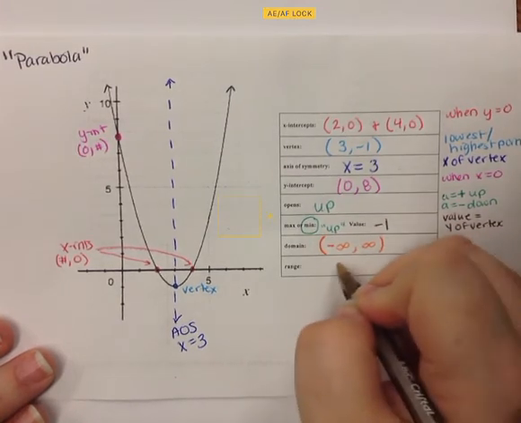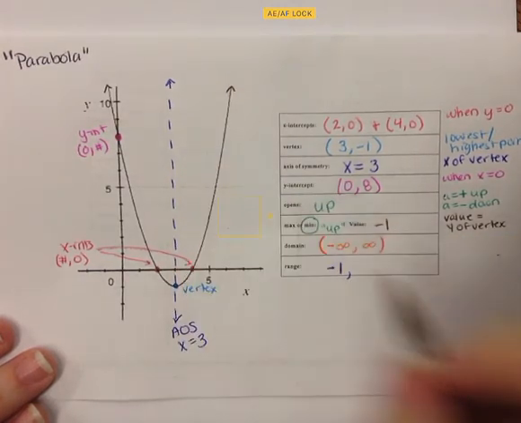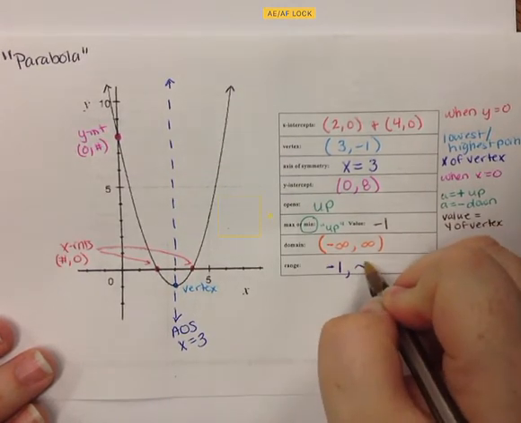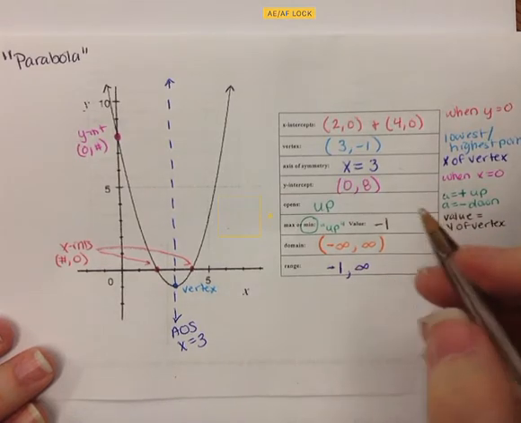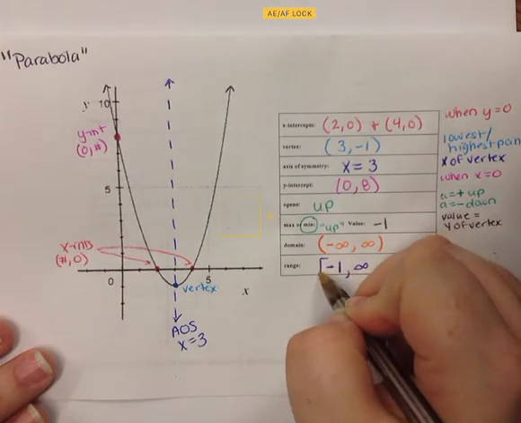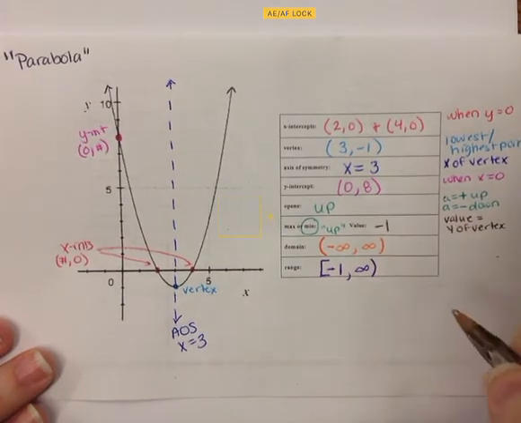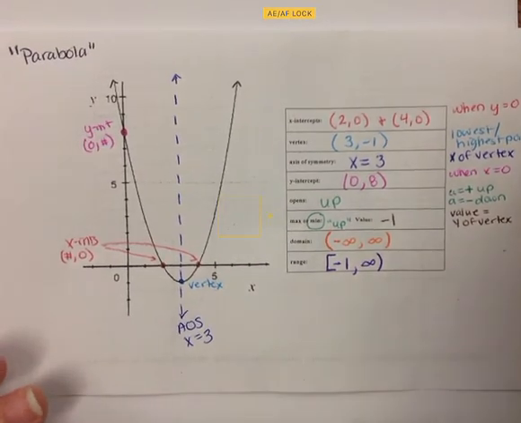So if it's a minimum, we put the -1 first, comma, and it will keep going up forever, so it'll be a positive infinity. The brackets we want to use here, instead of an open bracket of parentheses, we're going to use a closed bracket on the -1, but then an open bracket, which is the parentheses, on the infinity.